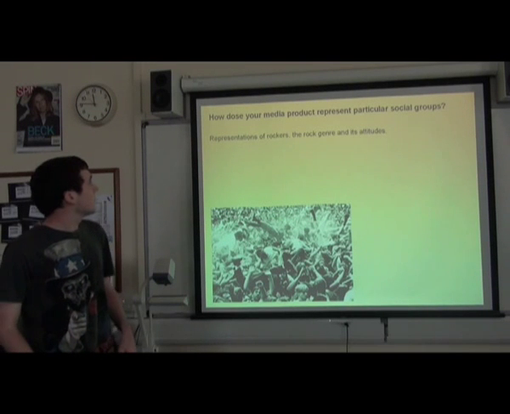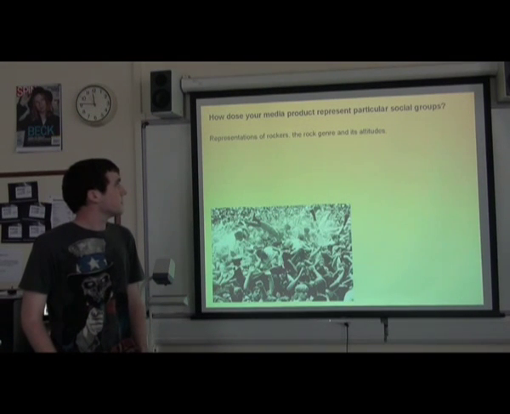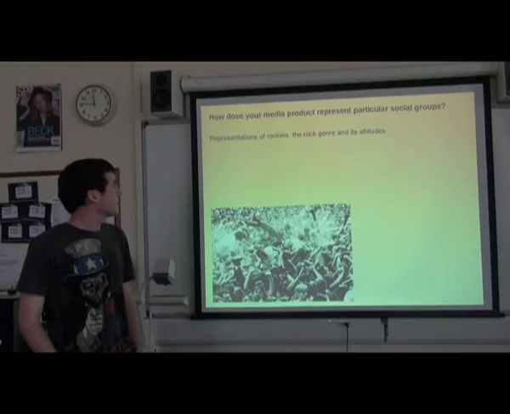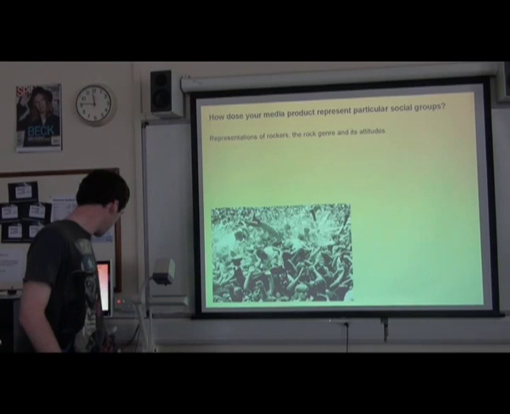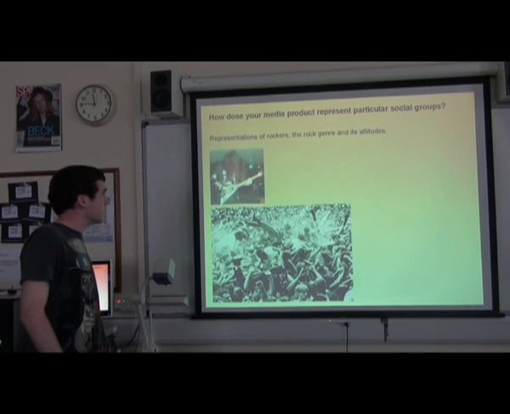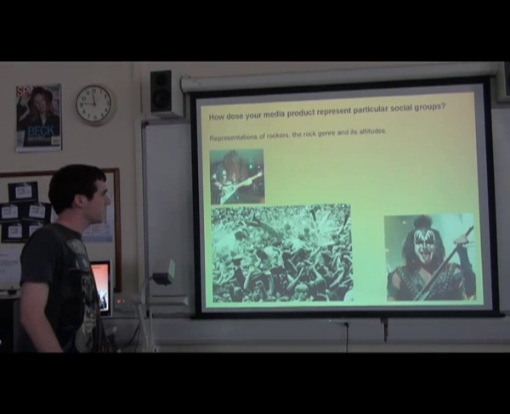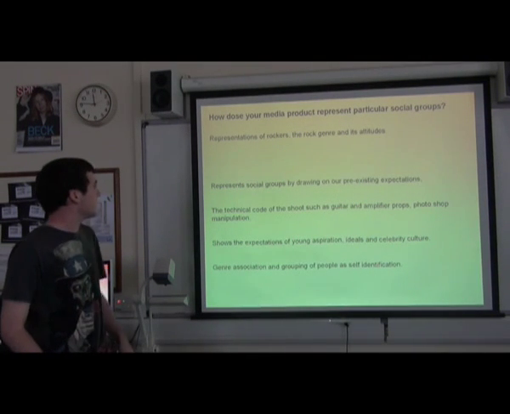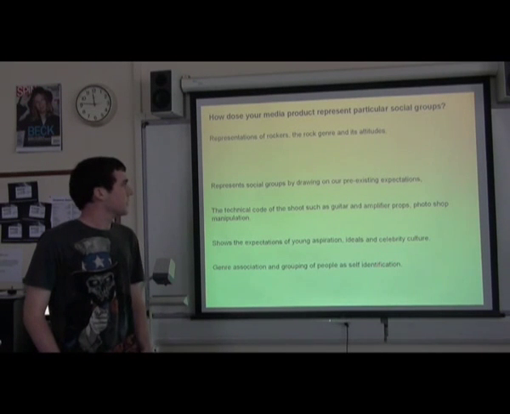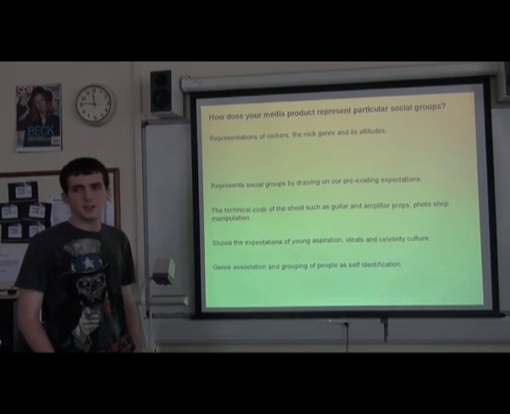And the next thing is, how does your media product represent particular social groups? And my magazine's trying to represent rockers, the rock genre and its attitudes. So these are just some pictures of kind of what you'd expect of rockers, really. And it represents the social groups by drawing on our pre-existing expectations.